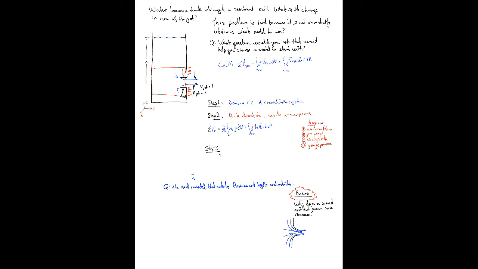On the left-hand side, we have pressure acting also inward, and the only place where the pressures don't cancel out is on the area here that corresponds to the re-entrant exit. So if we add our forces in, we're going to have the sum of our forces in the x direction is equal to pressure times A exit.